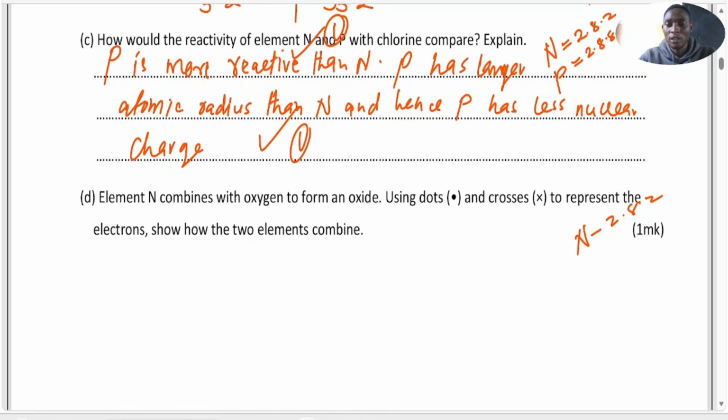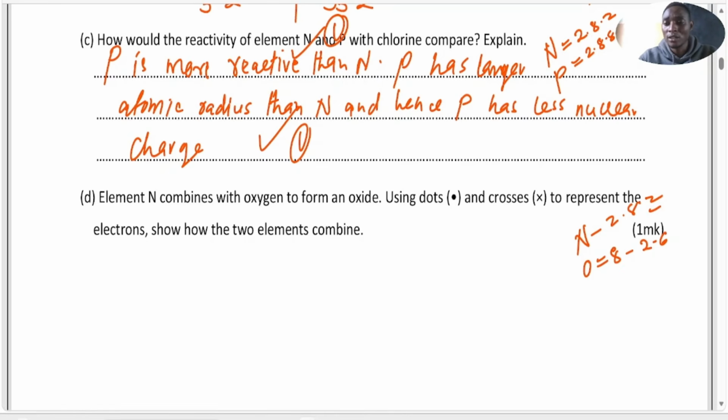Then we are using now oxygen, an element with 8 protons or electrons, so the electron configuration of oxygen is 2, 6. So the valence of N is 2 and the valence of oxygen is also 2, but N reacts by losing, or oxygen reacts by gaining, 2 electrons.